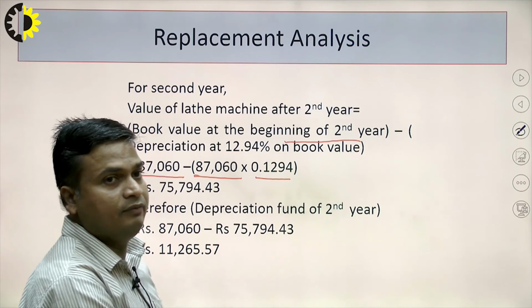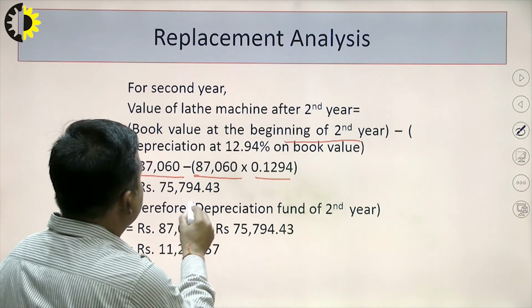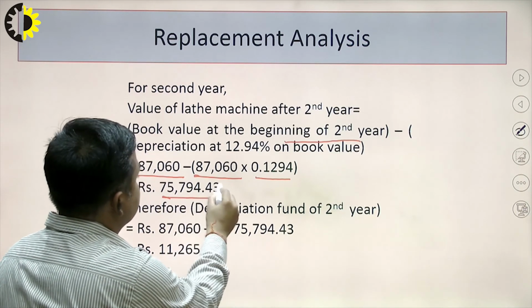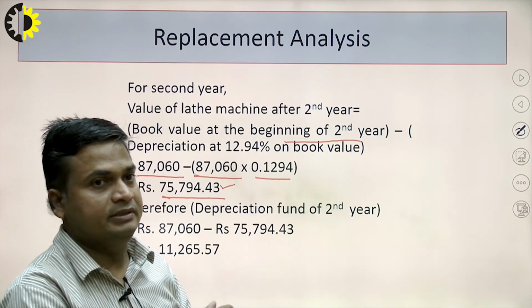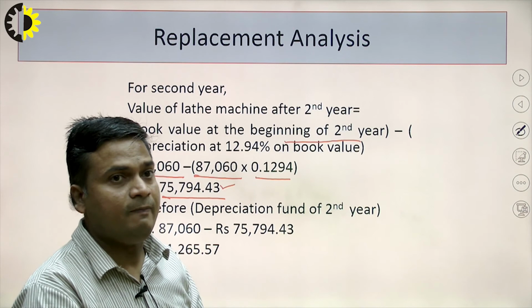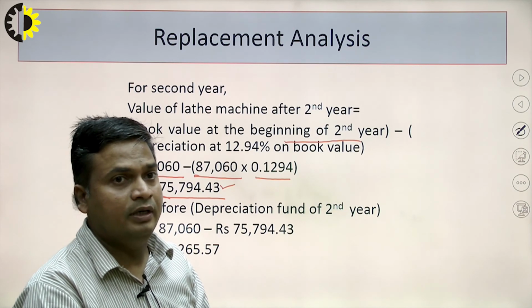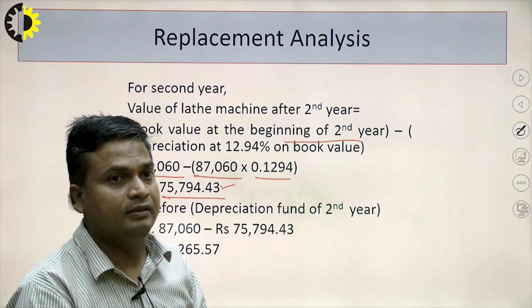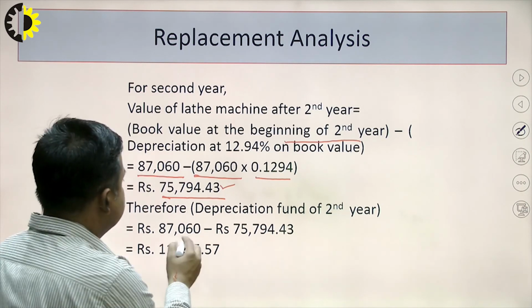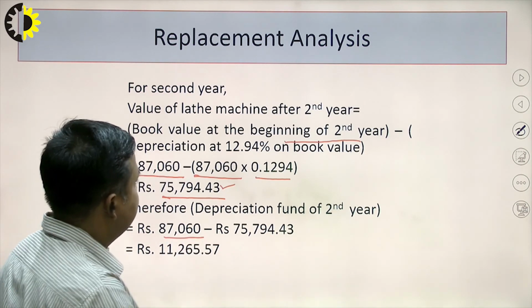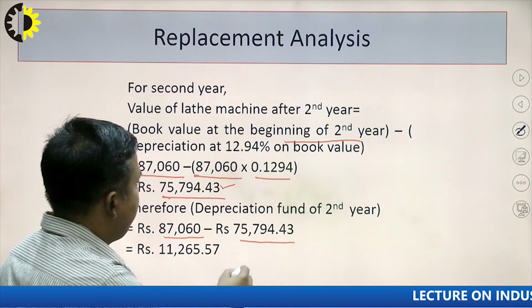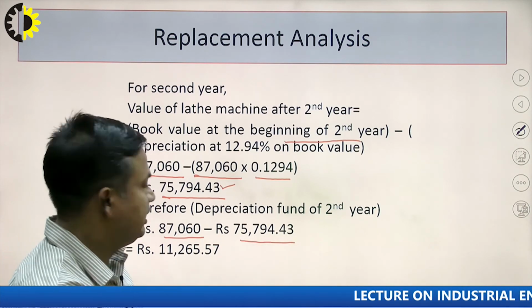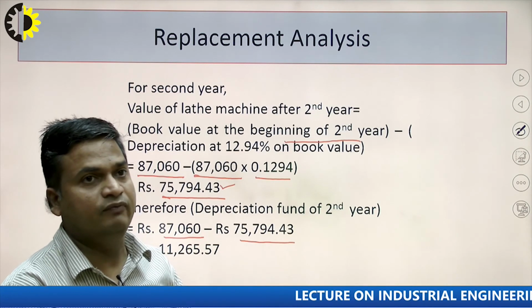So, again we find the value of the machine after the second year, but in the previous case the value remained the same. Therefore, the depreciation fund of the second year equals rupees 87,060 minus rupees 7,594.43, which is 11,265.57.